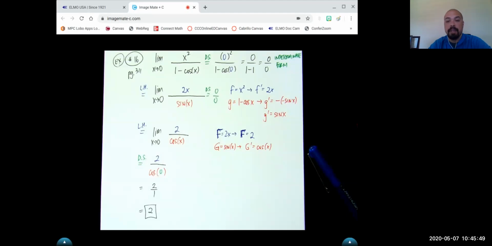We'll see some other indeterminate forms as well. The most common ones we always work on are those ratios, 0 over 0 and infinity over infinity. But another common one is 0 times infinity. We're conditioned to think anything times 0 is 0.